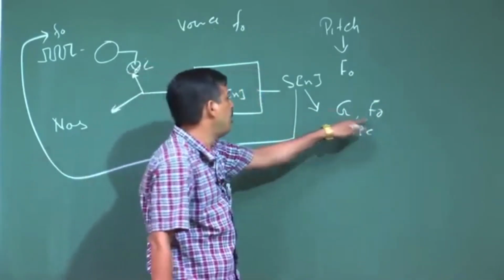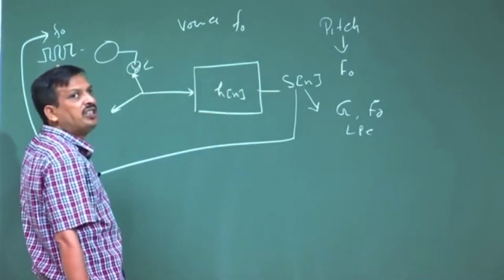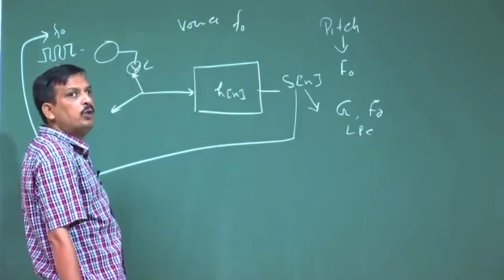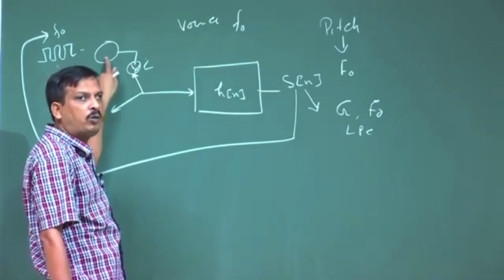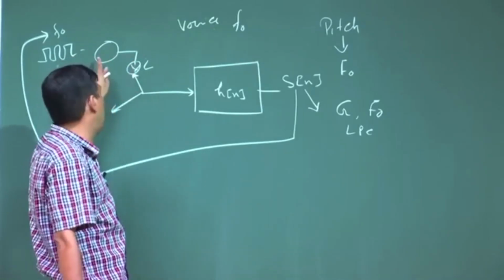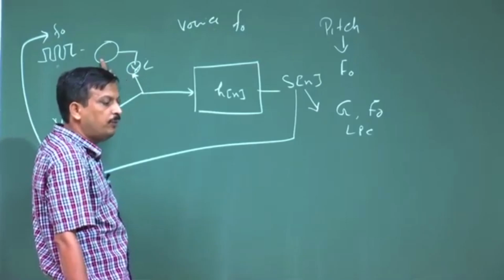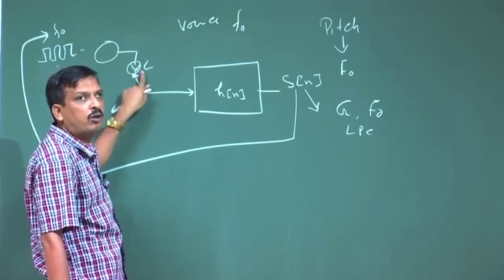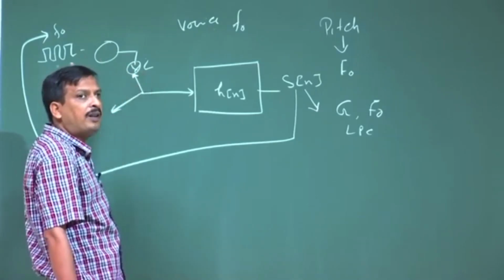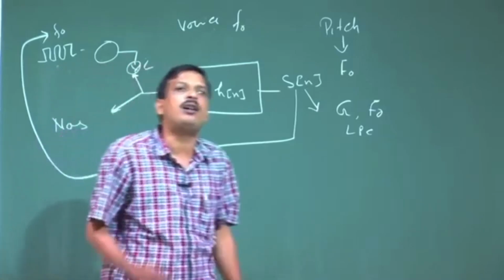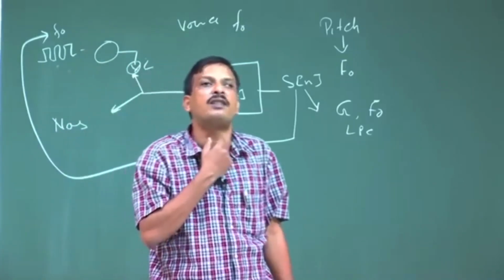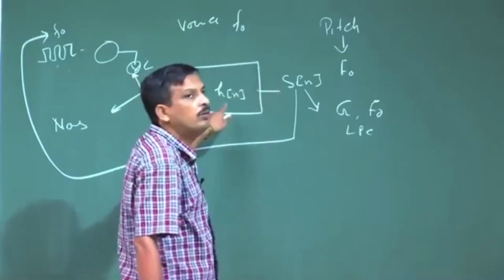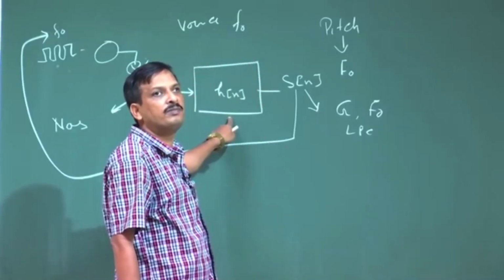The fundamental frequency is required to generate the impulse, by which frequency the impulse should go through the vocal tract modification, the glottal filter, and produce that glottal source. So, that fundamental frequency is part of the glottal excitation, it is not part of the vocal tract transfer function.